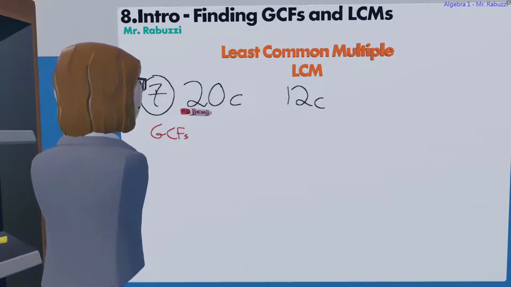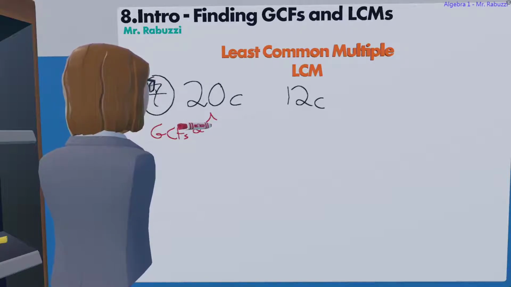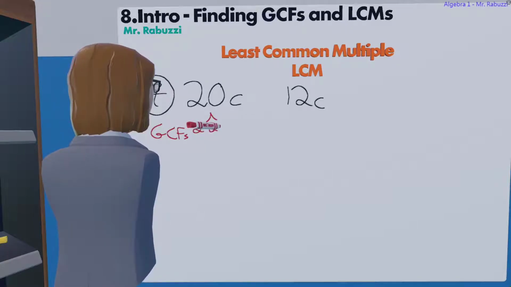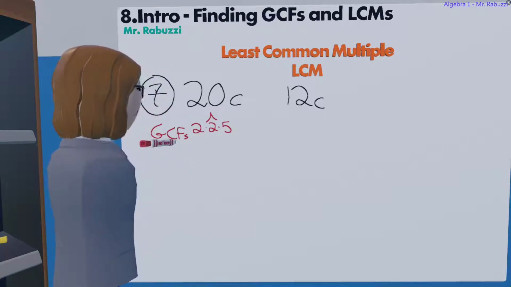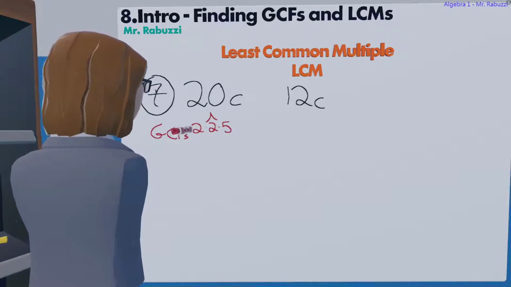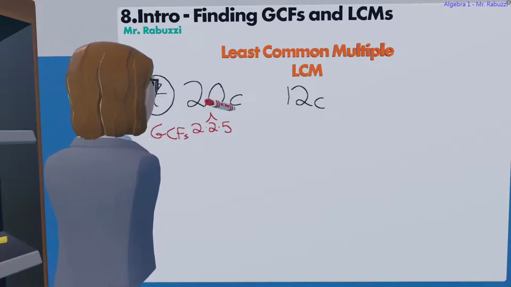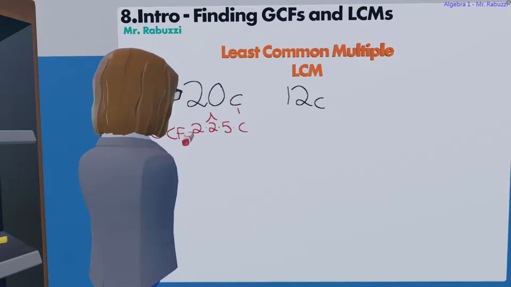So factor out this 20. I can split that into 2 times 2 times 5. I split it into 2 times 10, then 10 is 2 times 5. So it's 2 times 2 times 5. This C, no factors, so it stays together.